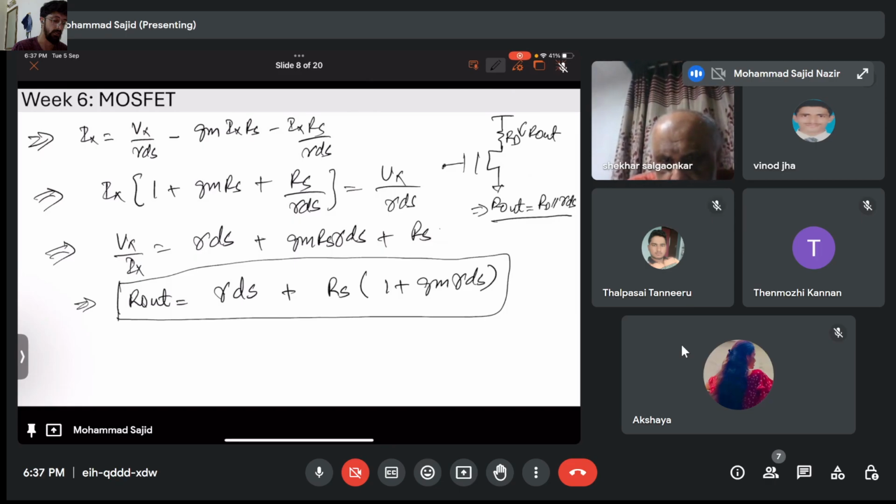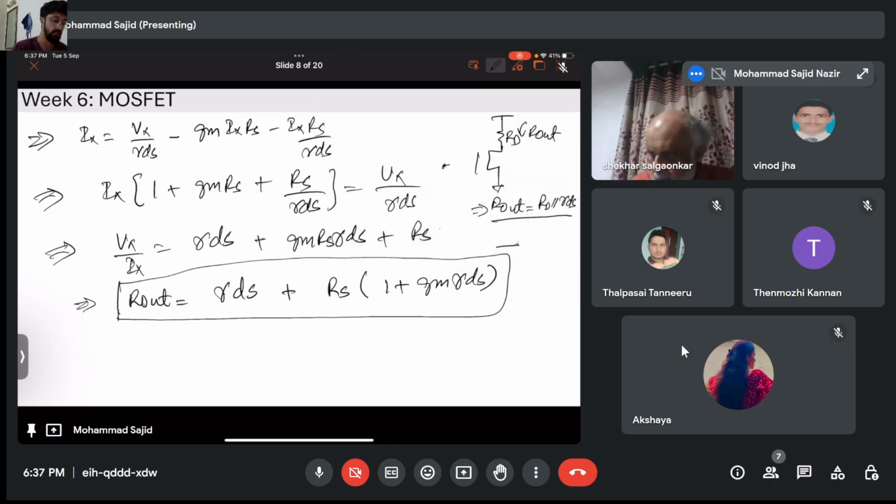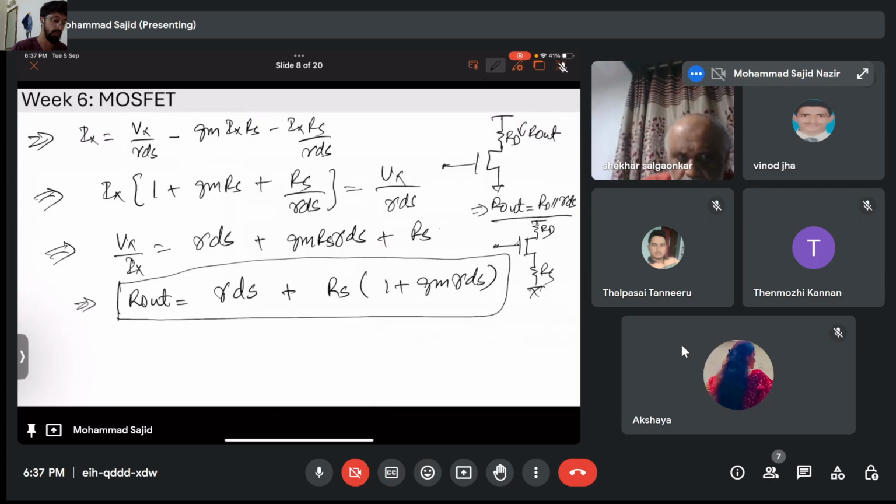Now, for the same circuit, if I now connect an RS here, it should be remembered in this way. For this circuit, R out is, let me just give a general definition here so you can remember it easily.